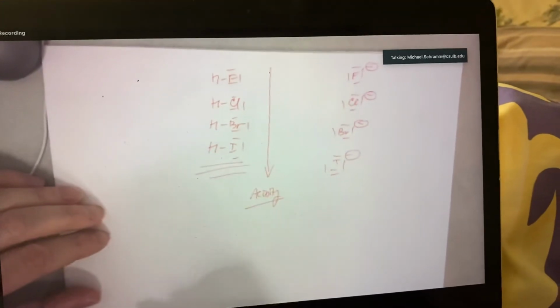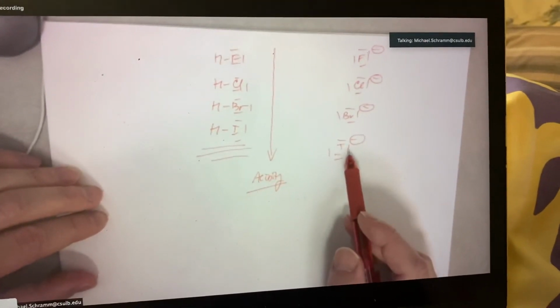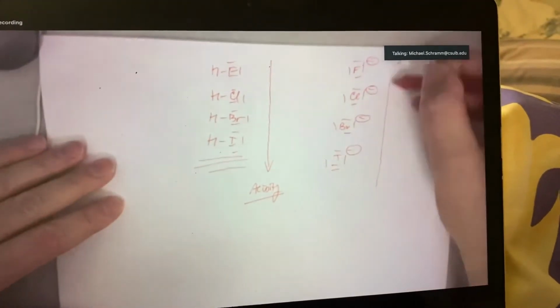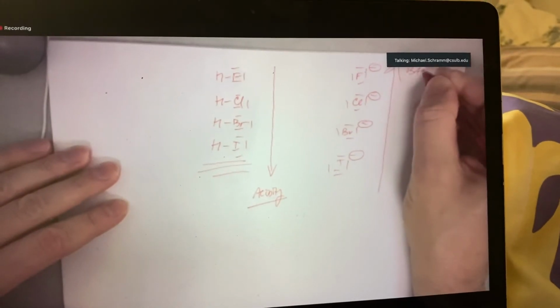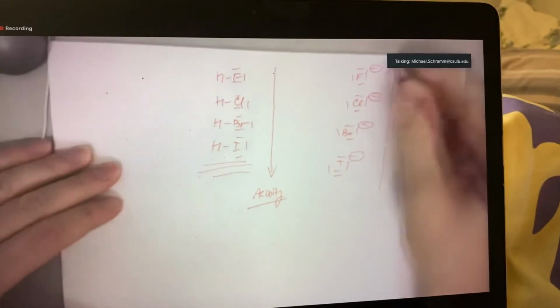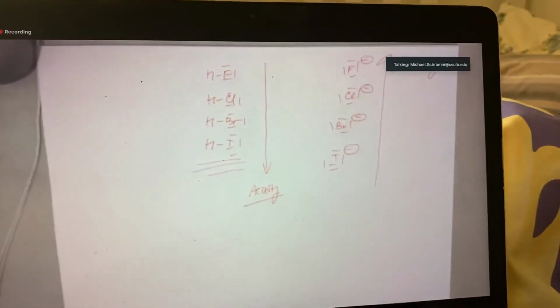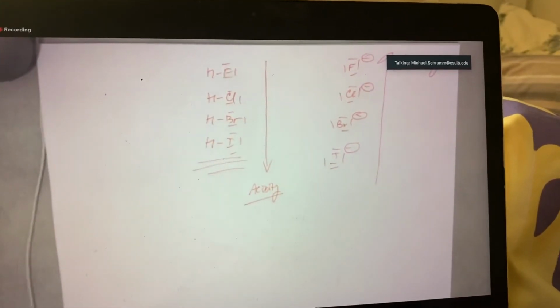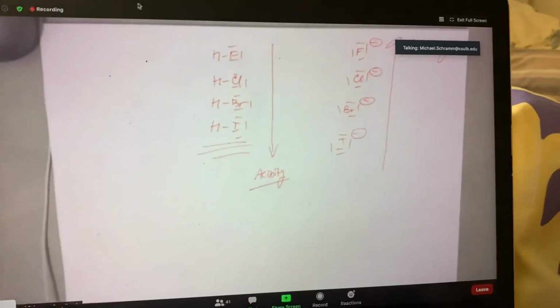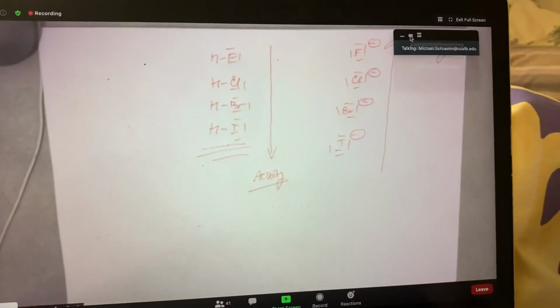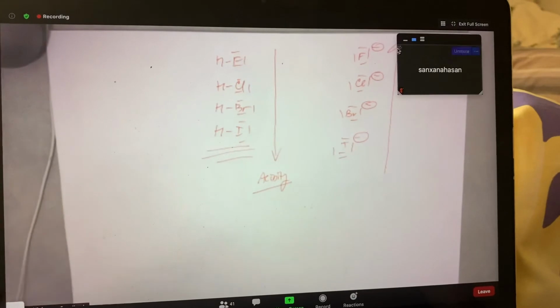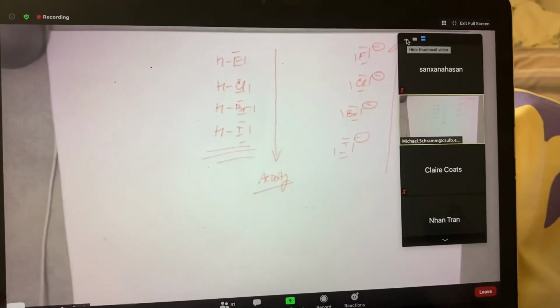If HI is the strongest acid, then I minus will be the weakest base in this series. And so this is increasing basicity from weak to strong, converse to acid strength.